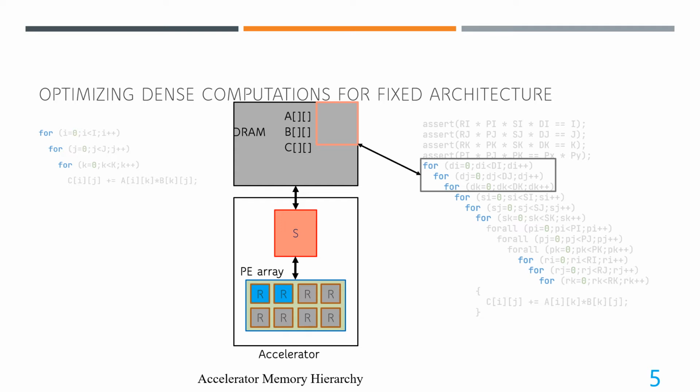The PE array collectively accesses tiles in SRAM, and the network on chip does the distribution among PEs. Some loops in the nested loops are marked as forall, denoting these loops are executed in parallel by a set of processors, also known as spatial loops.